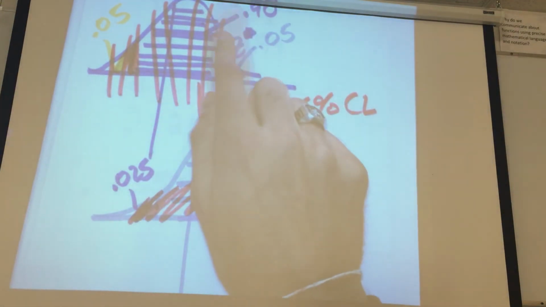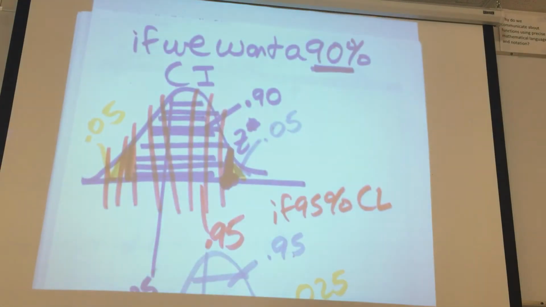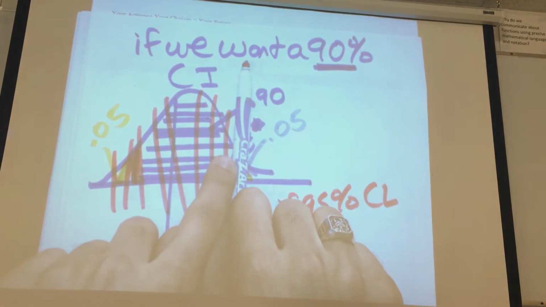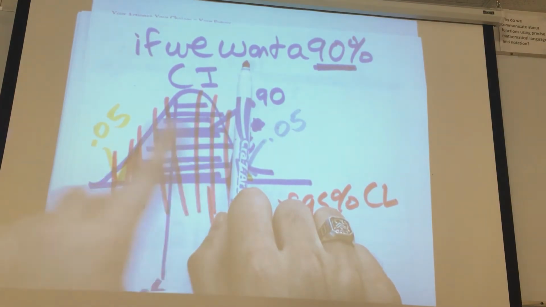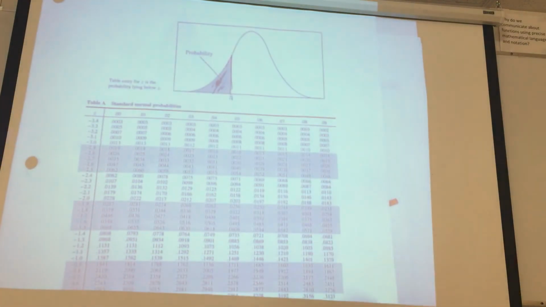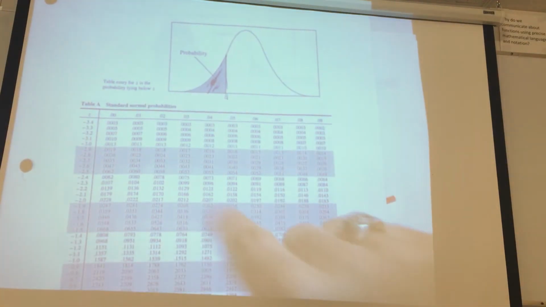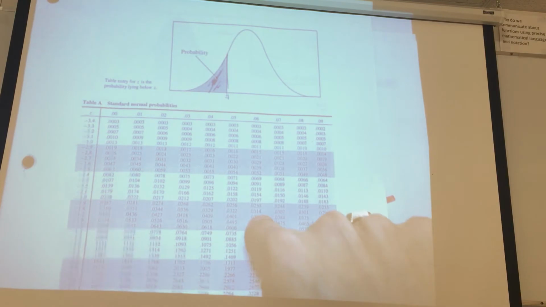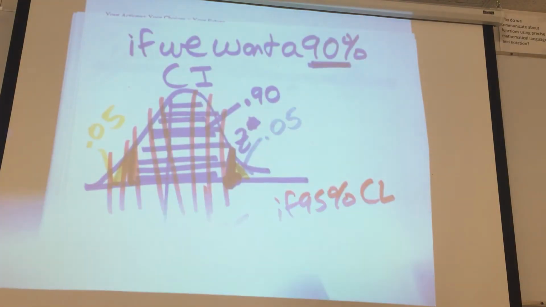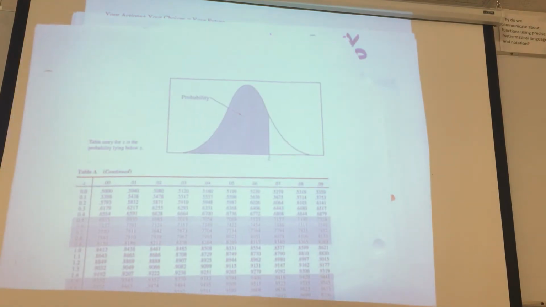So for this first one, we want to find this point right here where there is 95% of the data on the left. How do we do that? We go to the Z table right here and look inside the table for 0.95. It's not on this page. You got to turn the page. Where's 0.95?